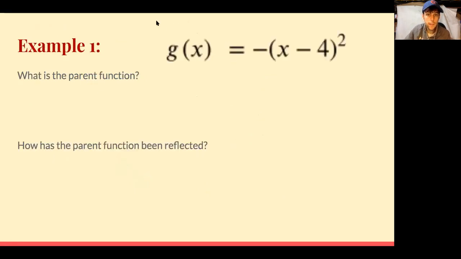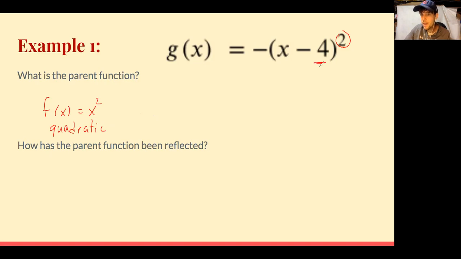So here we go. We have a function g of x, which is negative, parentheses, x minus 4, squared. So our parent function in this case, we're raising it to the second power, so that's a quadratic function. We'll go ahead and call it f of x. That's a quadratic. And then there's two things happening.